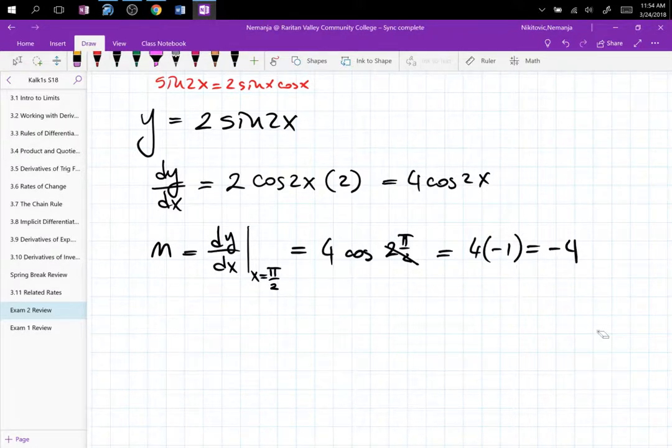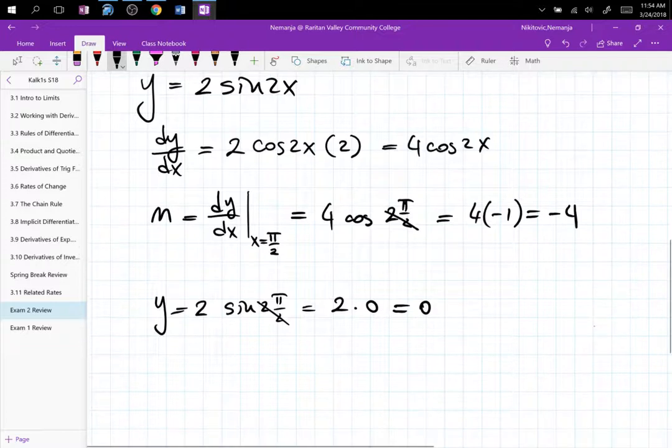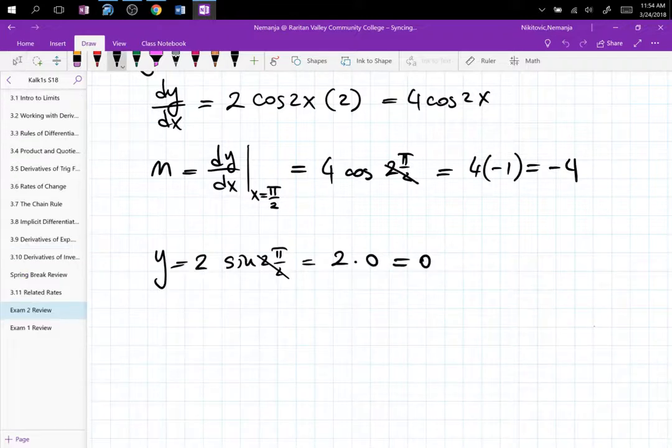Now we plug into the original equation. We plug in pi over 2. We get sine of 2 times pi over 2, which is very good, so the answer is 0. So what do I have as specs to find the tangent line? Easy. The slope is negative 4, and the point is pi over 2, 0.